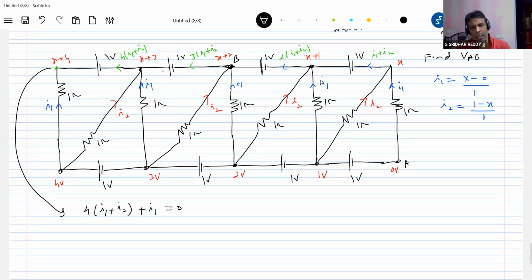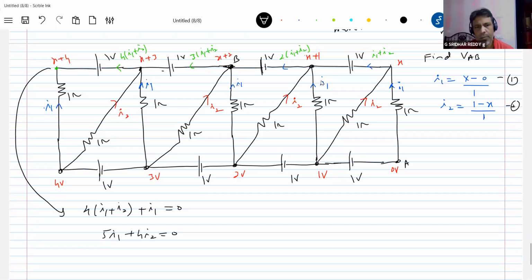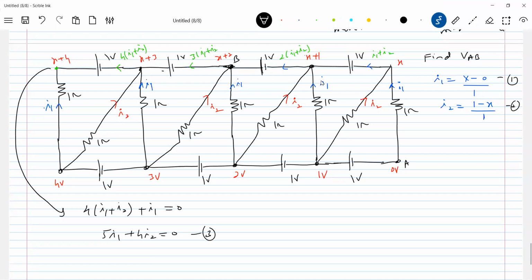3 equations, 3 unknowns. Solving that, we'll get I1 and I2. Then I will write the potential difference VAB. So this should be 5 I1 plus 4 I2 equal to 0. Sir, why is it equal to 0? The algebraic sum of currents, KCL. Yes. Sir, I2 should be X minus 1 by 1.